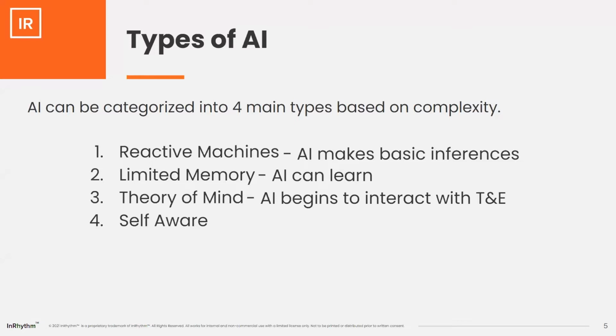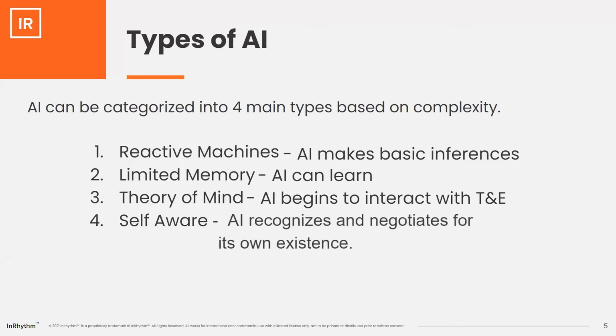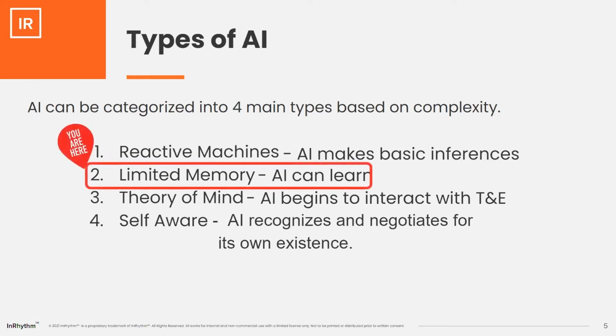In 2019, 2020, we made a lot of headway in terms of emotional AI. We're still not quite there yet. But if you take a look at the next level of complexity, self-aware AI, we're nowhere near that level. This is where AI recognizes and negotiates for its own existence, right?